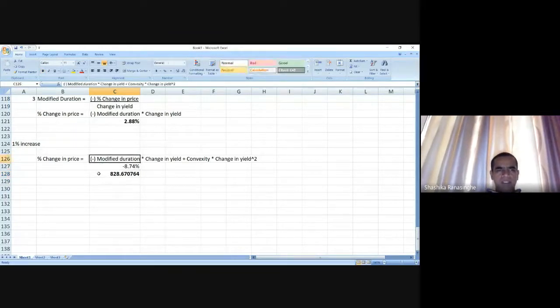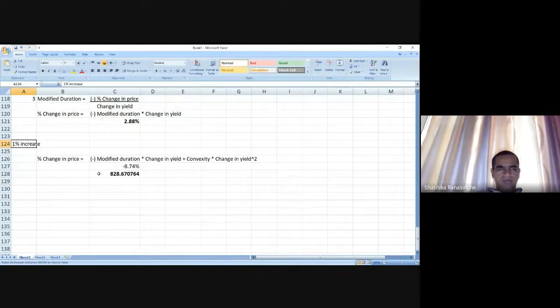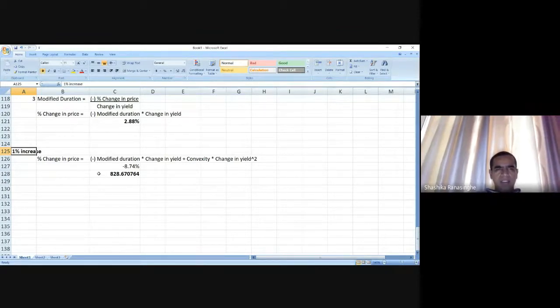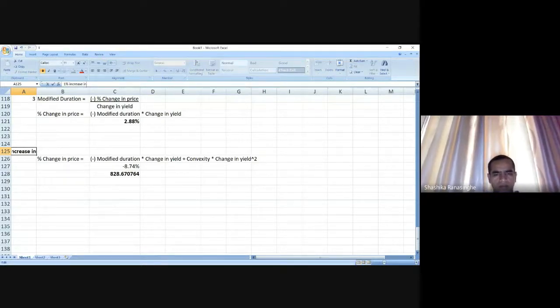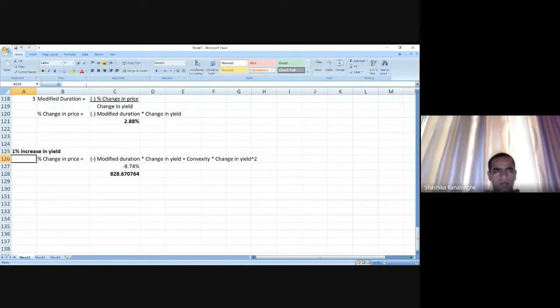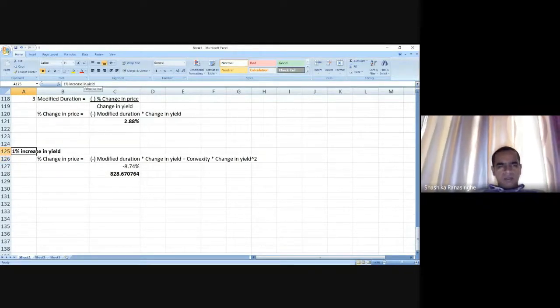When there is a 1% increase in yields, the bond price will drop by 8.74%.